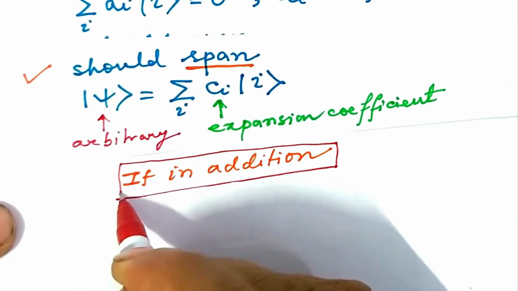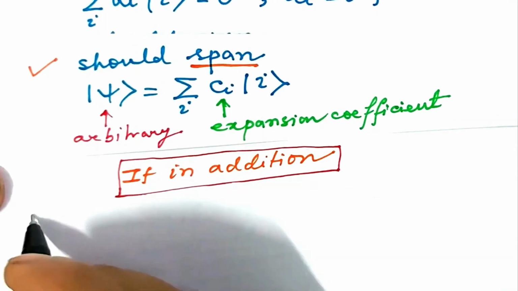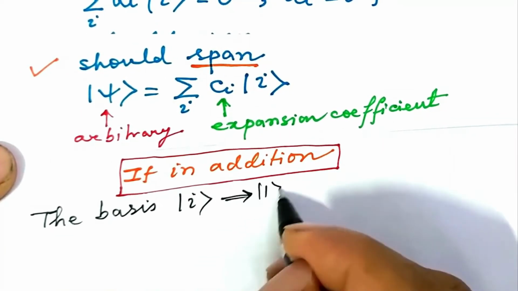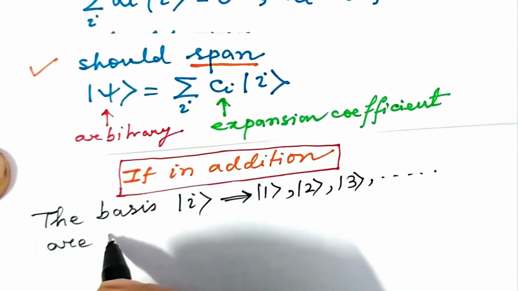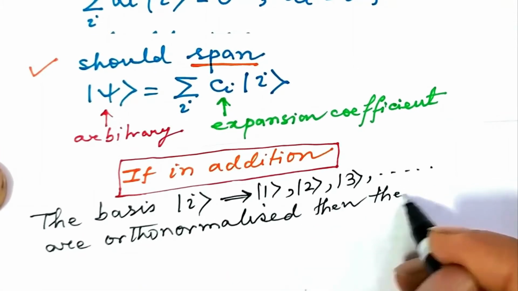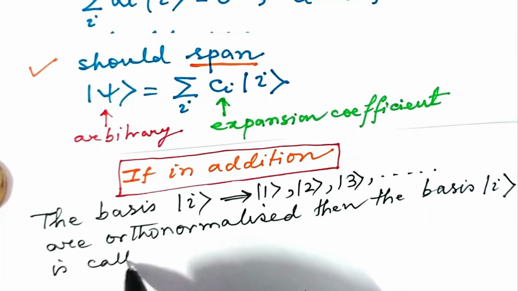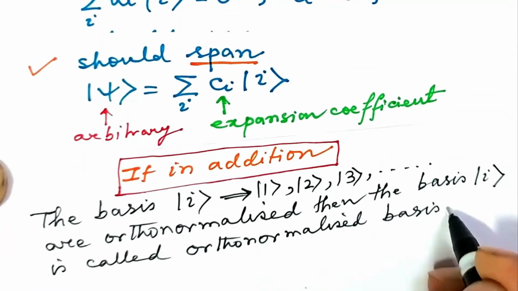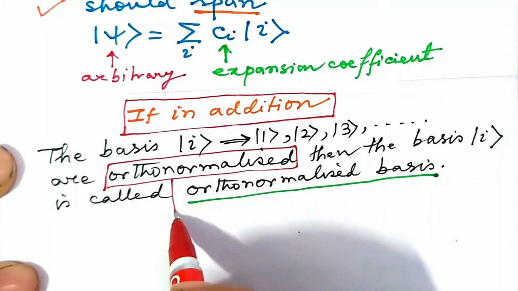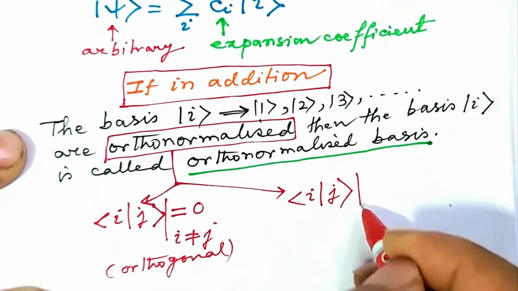If in addition to the above two criteria, the basis ket i, that is ket1, ket2, ket3 etc. are orthonormalized, then the basis ket i is called orthonormal basis. Orthonormal means orthogonality plus normalization.